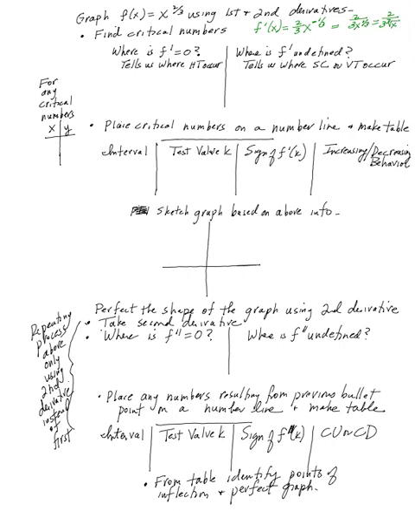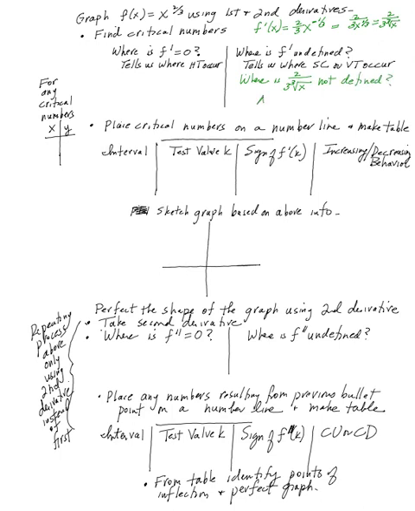Then find the critical numbers, the numbers where the first derivative is 0 or where the first derivative is undefined. Let's look to see where the first derivative is undefined first, because that's easier on this one. We want to see where 2/3 cube root of x is not defined.